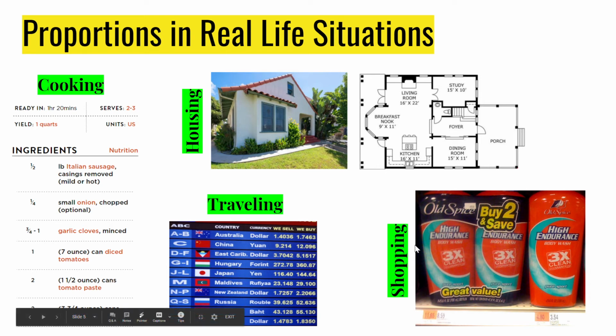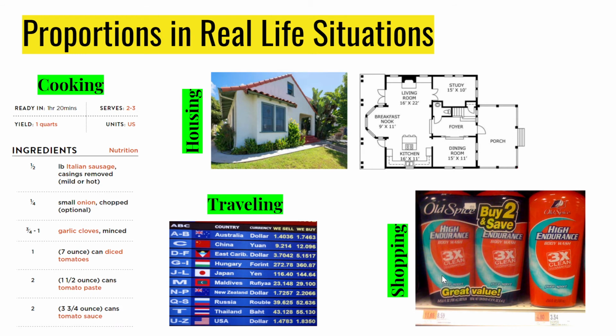Another place that you see proportions is shopping. You'll see right here, there are 2 Old Spice deodorants for $8.59. And buy 2 and save, great value. And there's 1 Old Spice deodorant that's $3.54. Use proportions in shopping because you want to compare the different sizes and see which one's a better deal. You can buy 1 for $3.54 or you can buy 2 for $8.59. And it's important that you're doing your math because if you're not doing your math, you can realize that you are losing money.